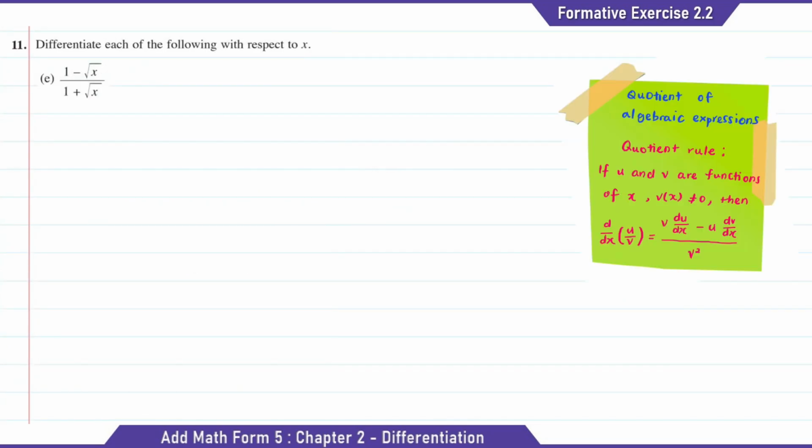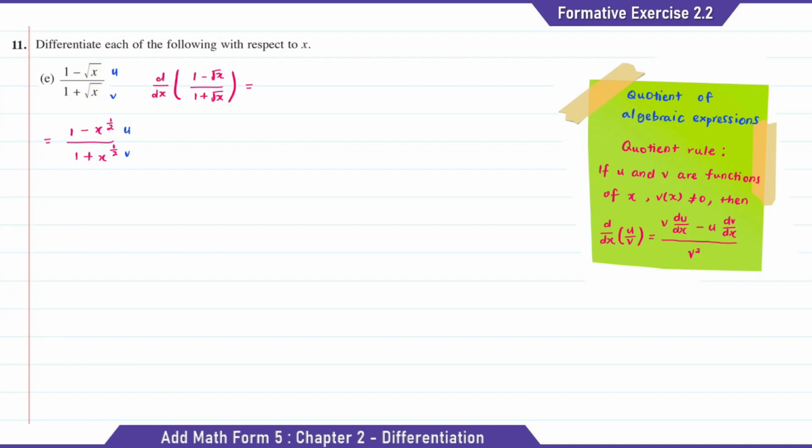Question E. As this involves the quotients of algebraic expressions, to differentiate this, we're going to use the quotient rule. First, for the square root x, I can write this as 1 minus x to the power of 1 over 2 over 1 plus x to the power of 1 over 2.